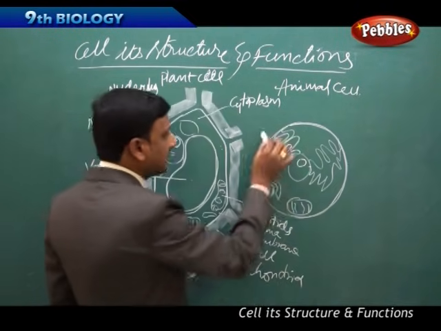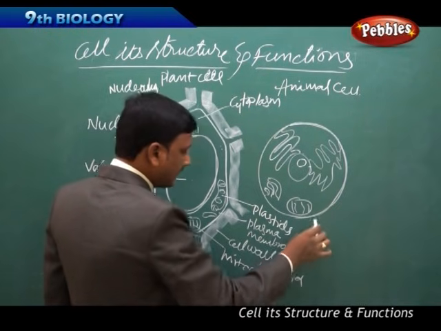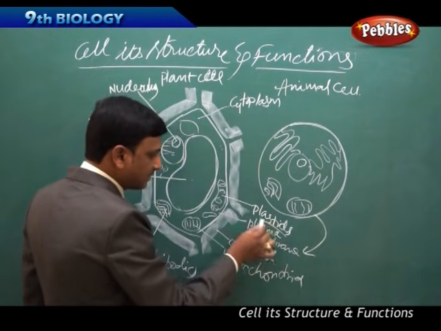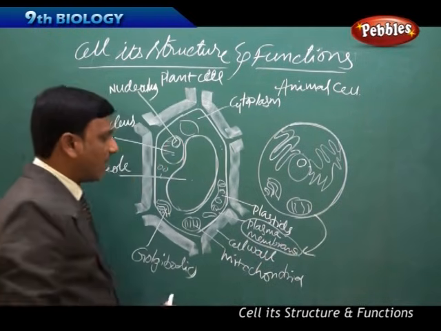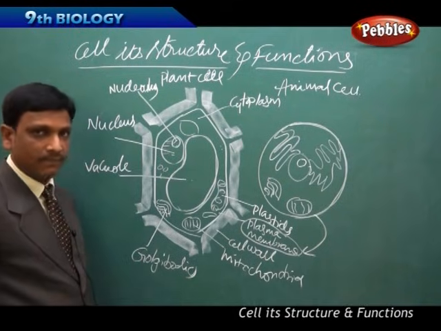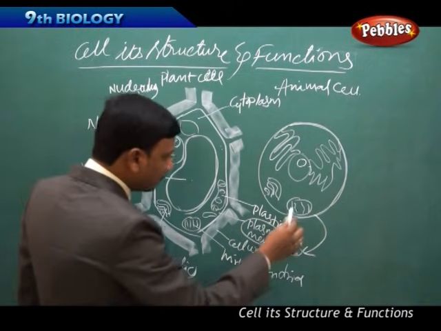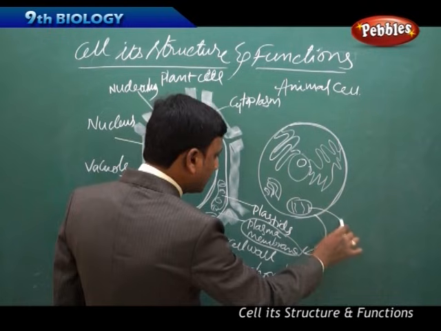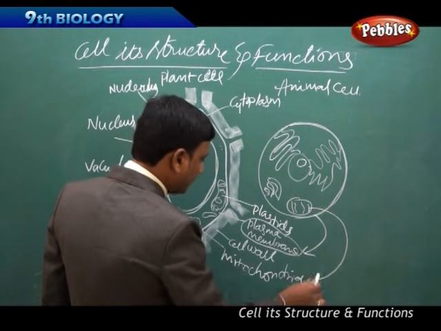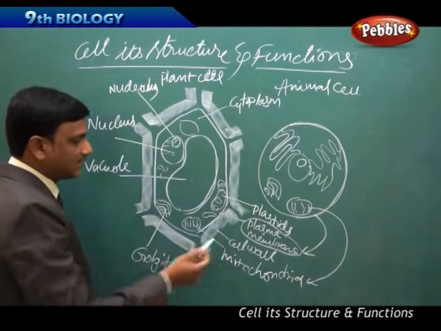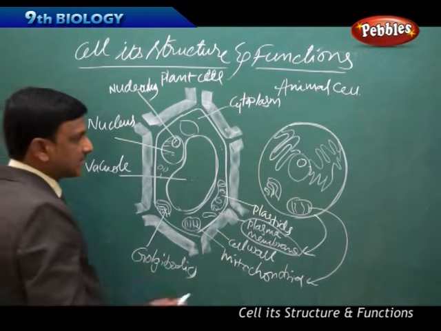The animal cell is surrounded by the plasma membrane. This plasma membrane is common to both plant and animal cells. Next, the mitochondria are found in both plant as well as animal cells.